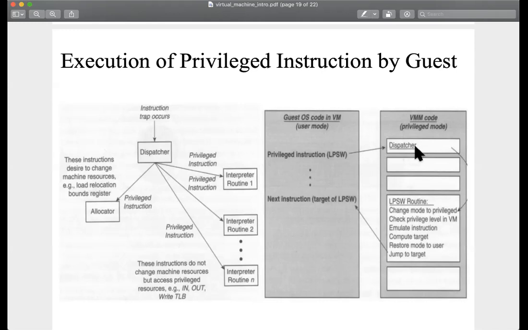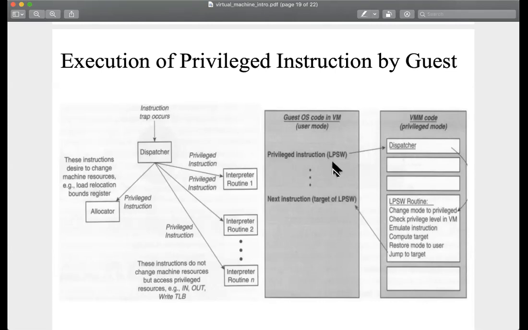the dispatcher code looks at the instruction and sees that it's the LPSW instruction, and then it would jump to another routine in its own code that would emulate the effect of that instruction on the underlying physical CPU. Okay. And once that's done, it would finally return back to the virtual machine. And in the virtual machine, it would jump to the next target, which is the target of the LPSW instruction.